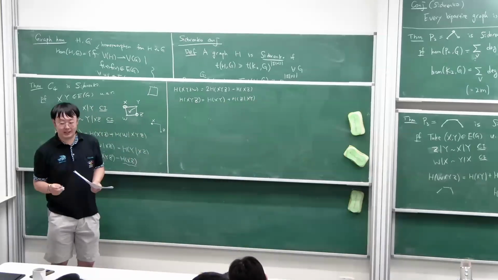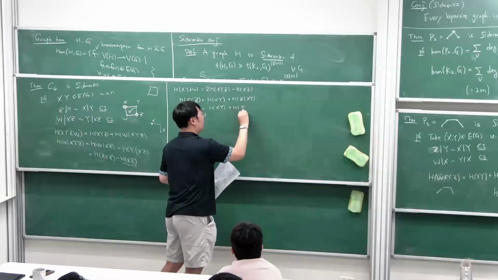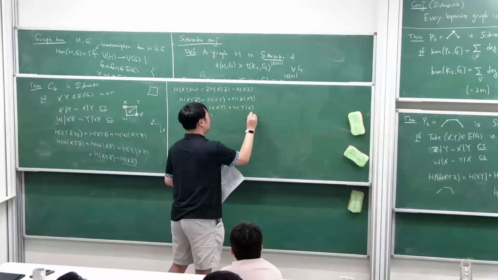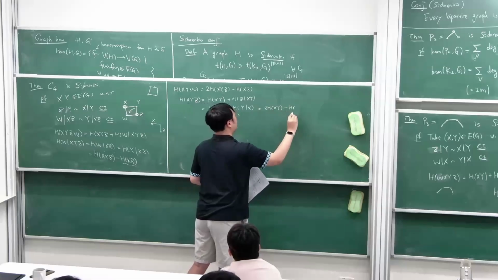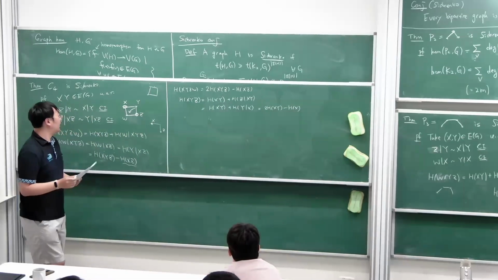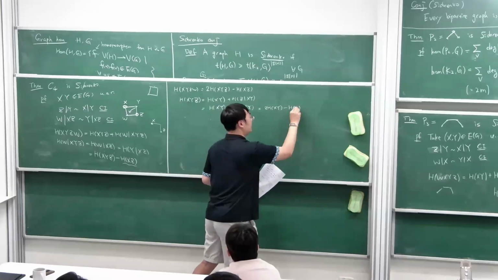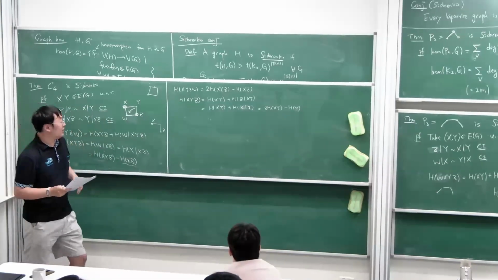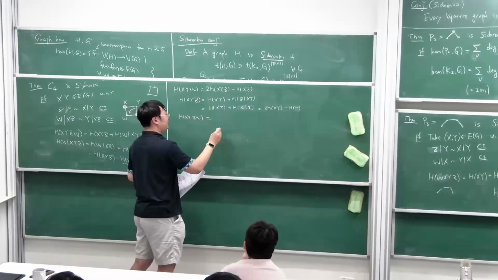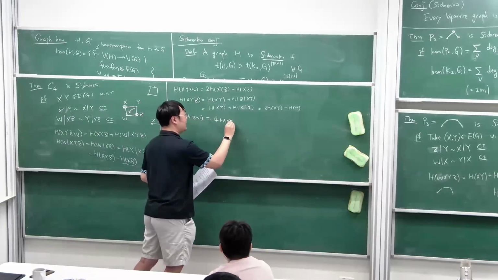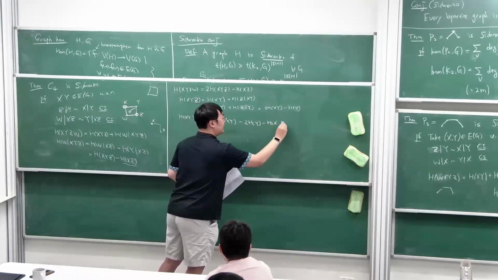And all these calculations are the same as the P2 calculations, so I will just write it down. This is X given Y. Okay, so you combine all these, you get the entropy of X, Y, Z, W is the same as 4 times h of xy minus 2 times h of y minus h of x and h of z.